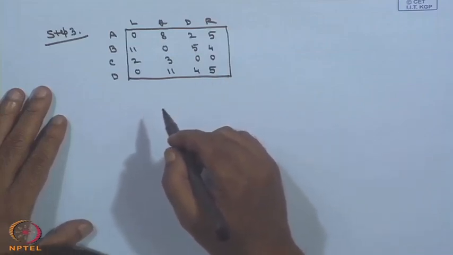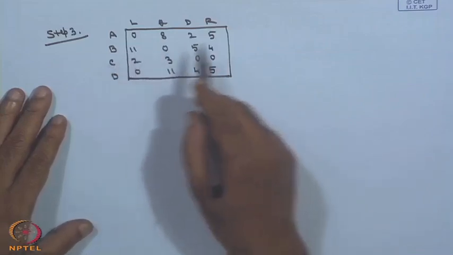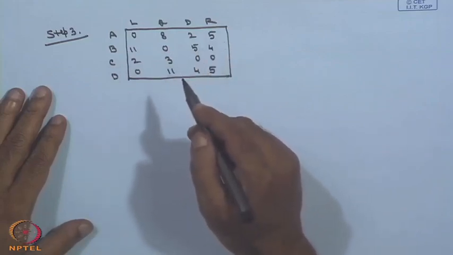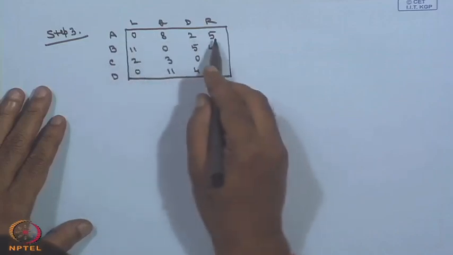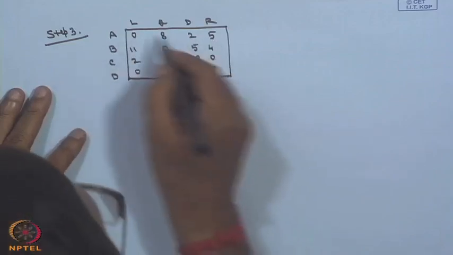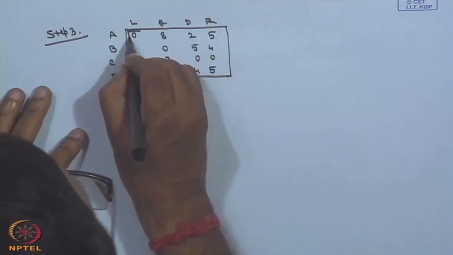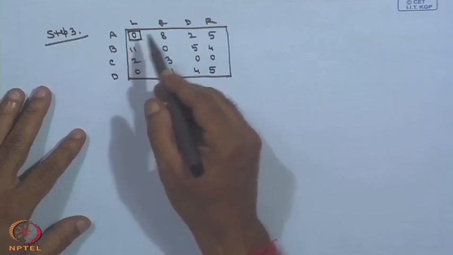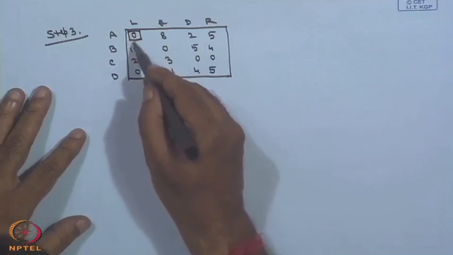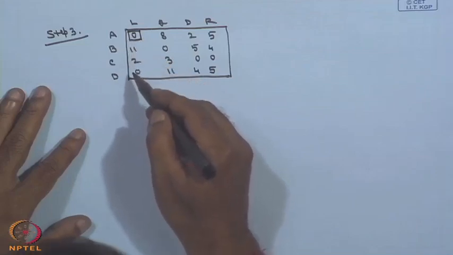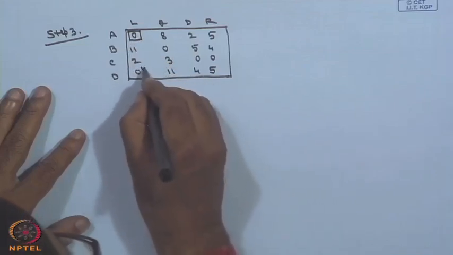If you remember, we told you to start from the first row and try to find a row which has only one 0. The first row has only one 0, at cell 1 1. So, you put it under a rectangular box. Once you put it in the box, on the corresponding column, that is the first column, this 0 is there, you just cross it.